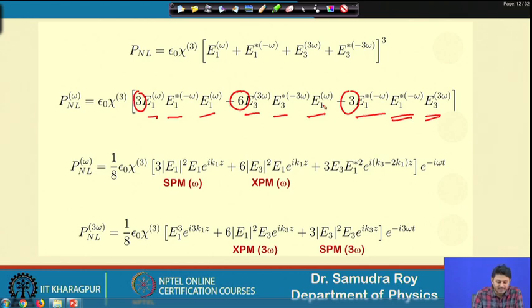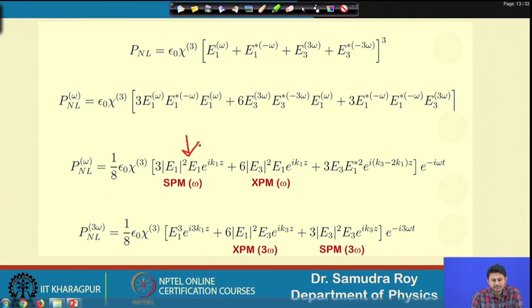Now if I collect all these terms, we will have a few terms here. The first term is mod of E1 square times E1, with a multiplication of 3, and e to the power of i k1 z, because k1 z will be the phase term.